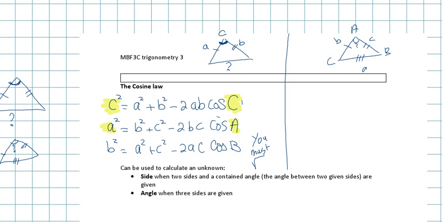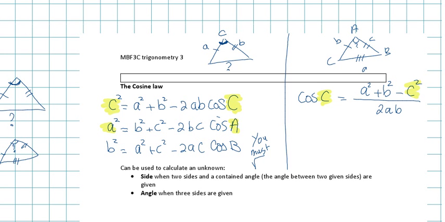So, where's the formula? So let's say I'm looking for angle C. If I'm looking for angle C, it will be cosine C equals A squared plus B squared minus C squared over 2AB. Okay? Again, the angle and the last term that you're subtracting, they're going to have to match. Okay?